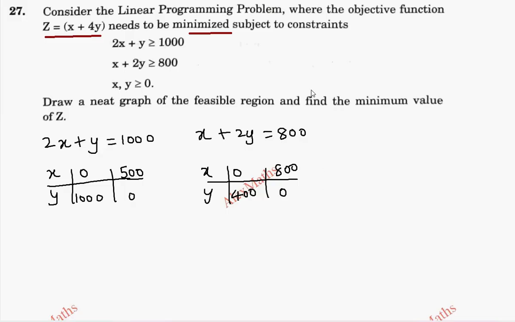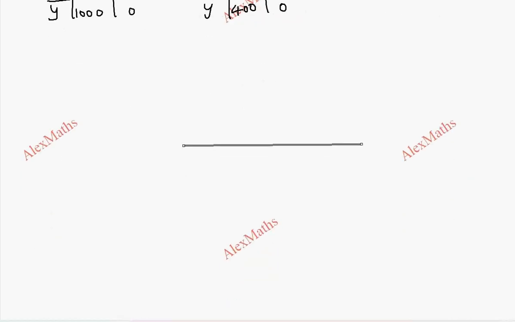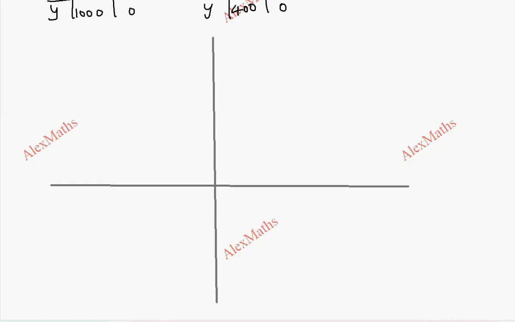So I am going to take a rough graph here. This is our x-axis. So I draw it a little bigger so that we are able to visualize the solution in the rough graph. This is our x-axis and y-axis.